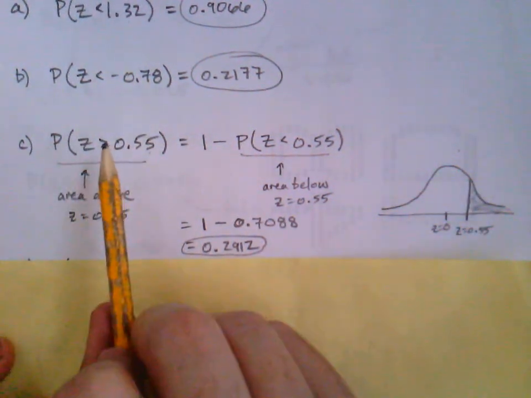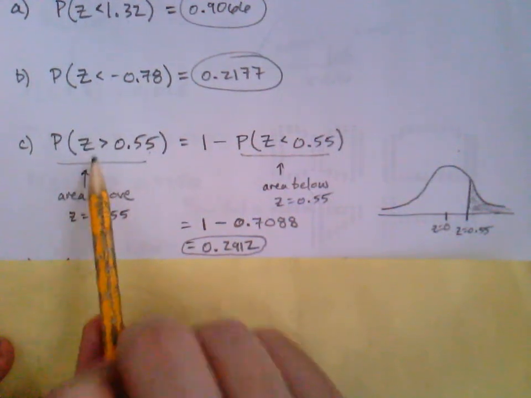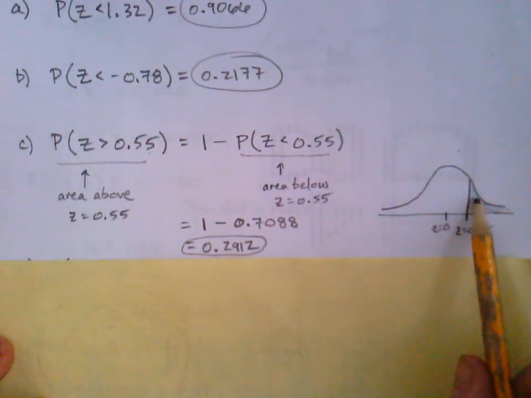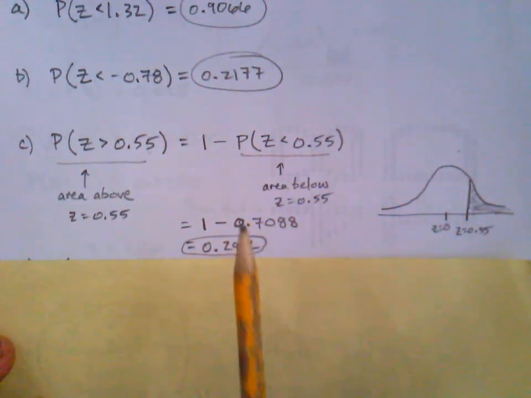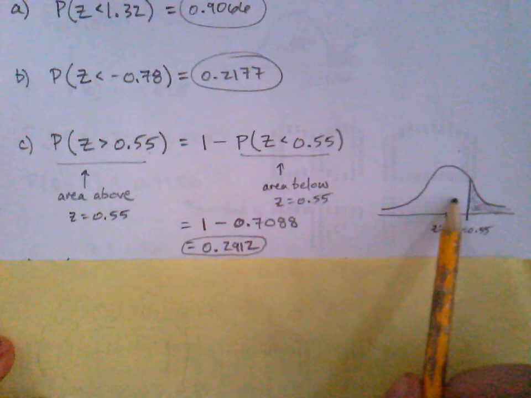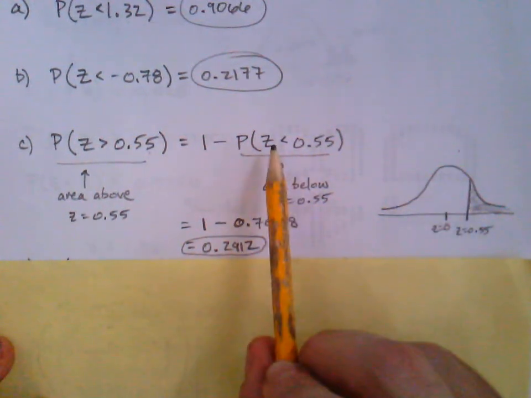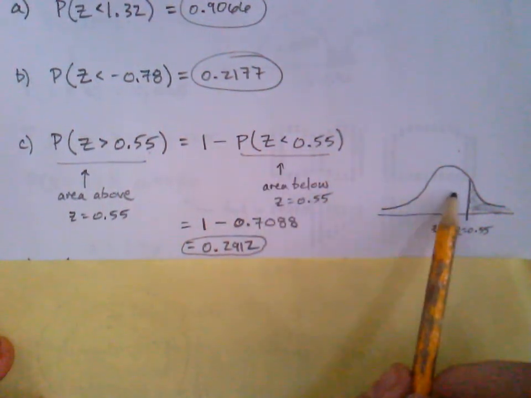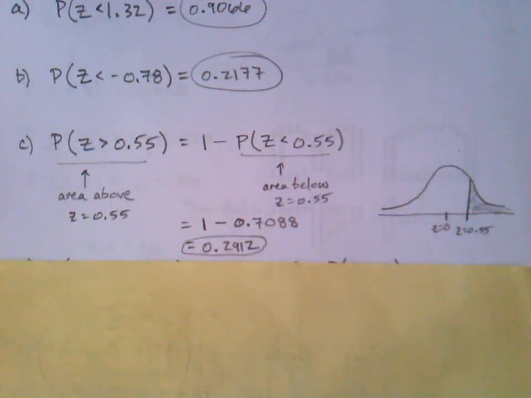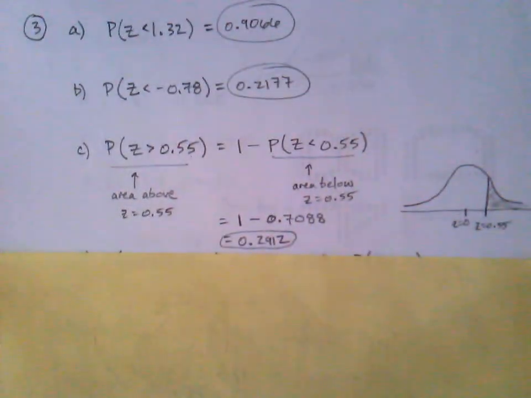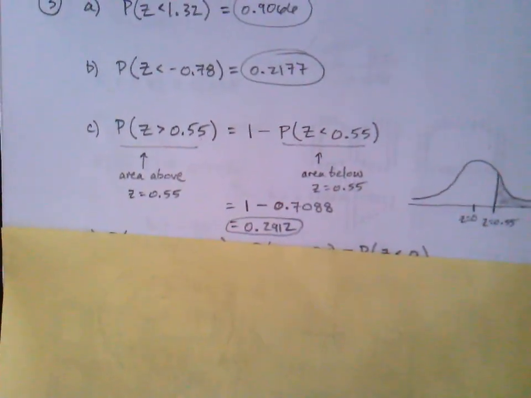And we want to know the probability greater than. So what is that probability right there? What is that area? Well, what we do instead is do 1 minus all the probability below. So that complement, that's the area below 0.55. So doing the 1 minus, and it's got all the same logic as any of the other continuous random variable problems and why we do the complement here. Okay. Good to reiterate though.